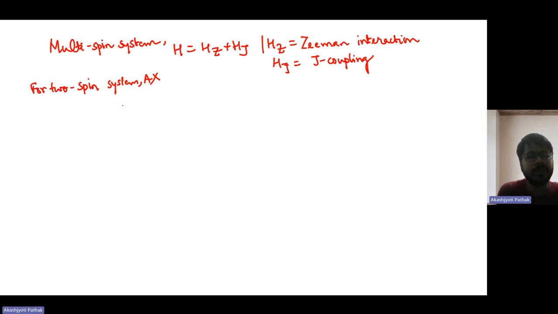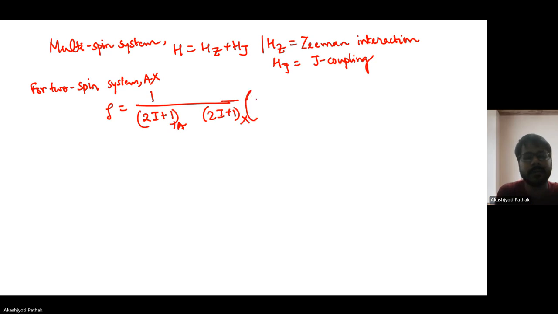For the two spin system, we can write this density operator in this form: 1 by 2I plus 1 A, 2I plus 1 X, whole 1 plus gamma h naught Iz by kT.